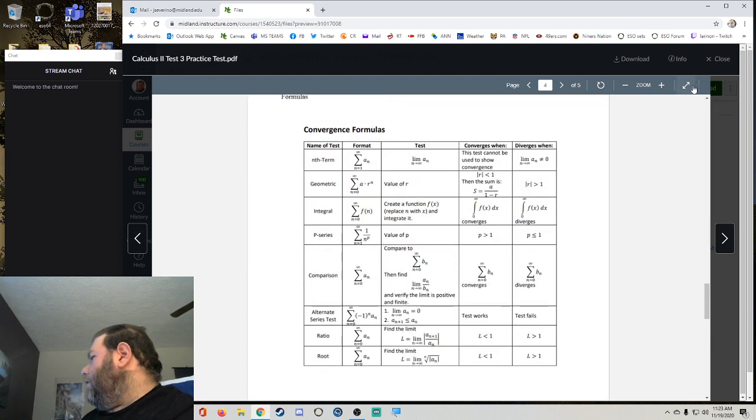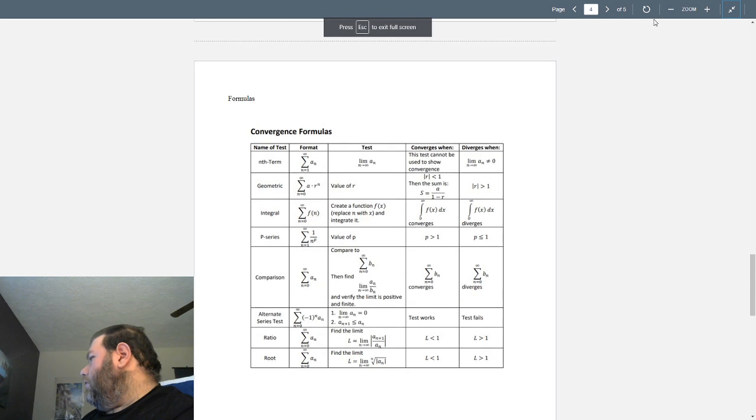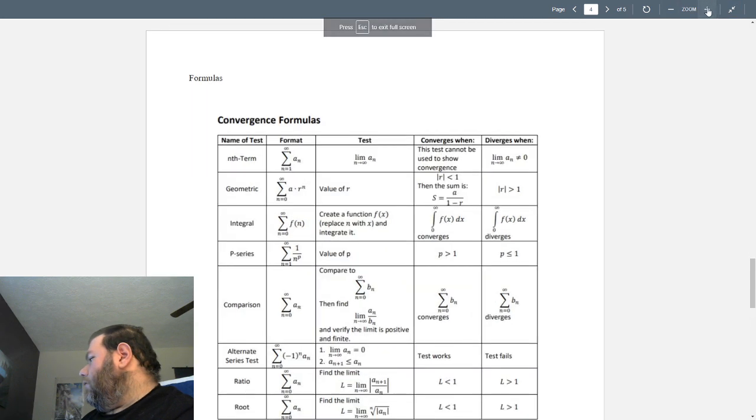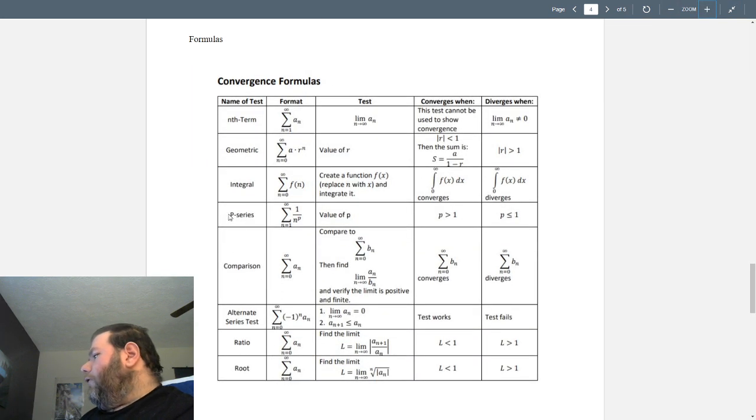Here's our p-series. And it says that based on the value of p, it converges when p is greater than 1 and diverges when p is less than or equal to 1. So that's our condition for convergence. Here's our condition for divergence.